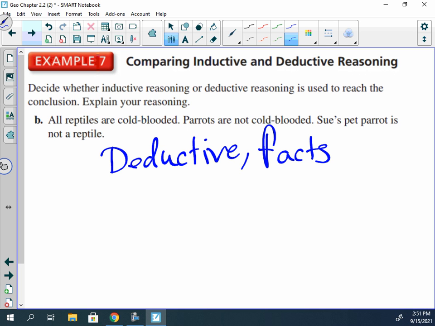That's just a fact. And it is also a fact that parrots are not cold-blooded. Because by definition, reptiles are cold-blooded, yes? By definition, parrots are not cold-blooded, so Sue's pet parrot, by definition, is not a reptile. So it's deductive because we're just using the facts of what a reptile and a parrot are.